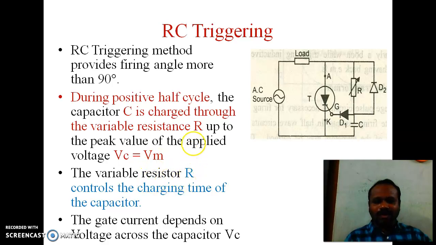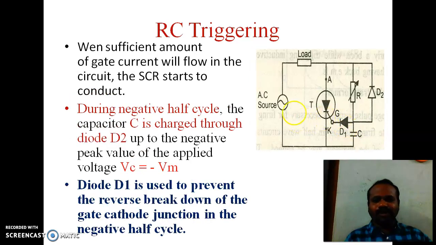The variable resistor controls the charging time of the capacitor, and the gate current depends upon the voltage across the capacitor. When a sufficient amount of gate current flows in the circuit, the SCR starts to conduct.